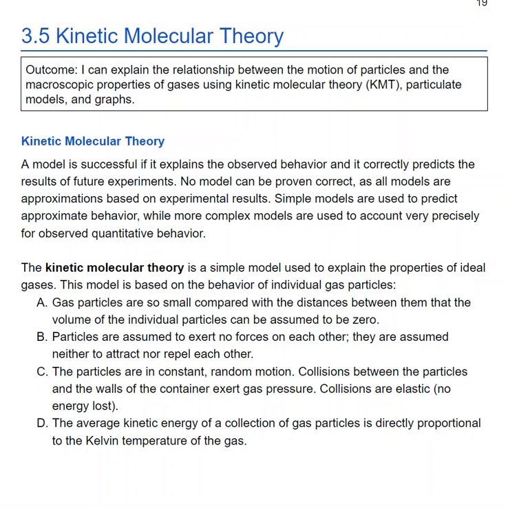The particles are in constant random motion, and collisions exert gas pressure, and those collisions are elastic, meaning no energy is lost. So energy might be transferred from one particle to another, but the total energy is constant. And the average kinetic energy of a collection of gas particles is directly proportional to their Kelvin temperature. That's why we always use Kelvin with these gas law problems.